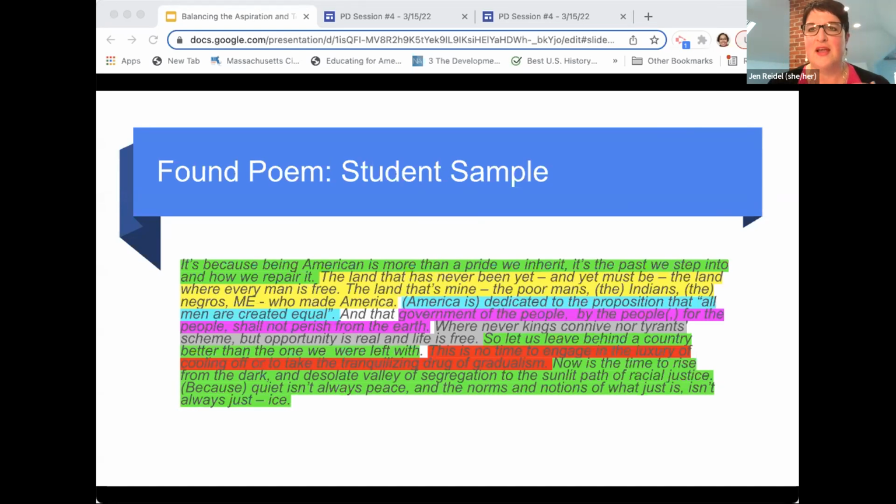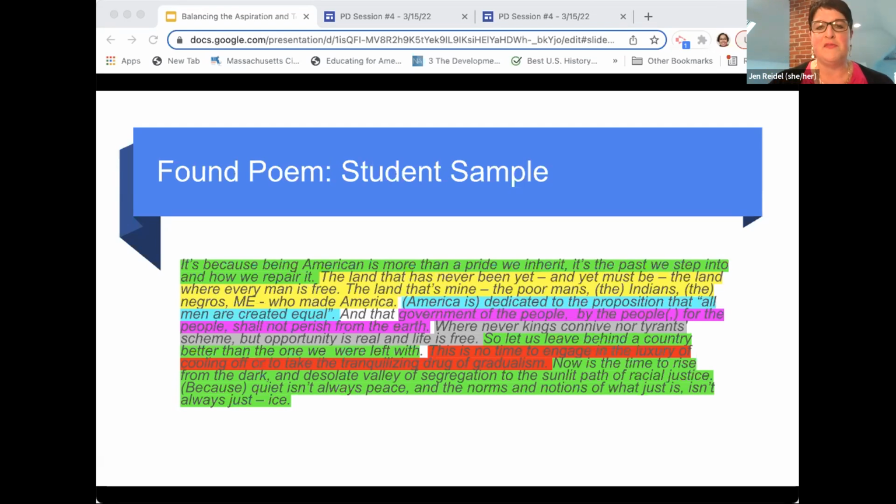Kids really loved how she addressed history. And this student, you can see that even in the excerpt I gave you, there was so much more that they created. They used a lot of different sources. They really did like Amanda Gorman's. They loved Langston Hughes. And what I loved is that the other student focused on equality as an American value that we're working for or aspiring to, and we've not met.